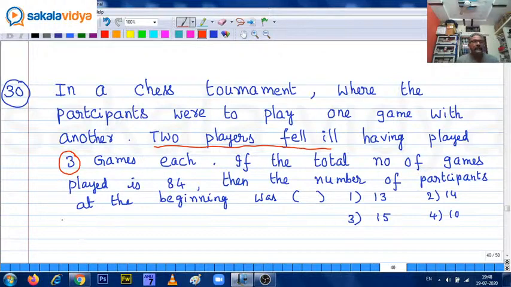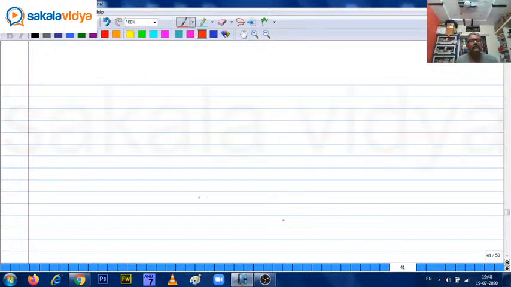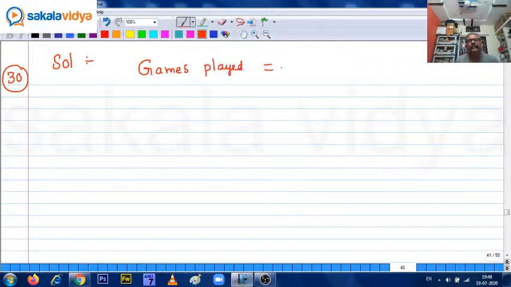So write down here, 30 solution. Games played till the end of the tournament is equal to total 84 minus 2 times 3, each played 3. So 84 minus 6 equals how much? 78.